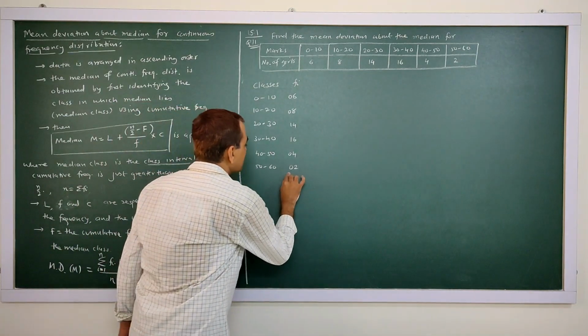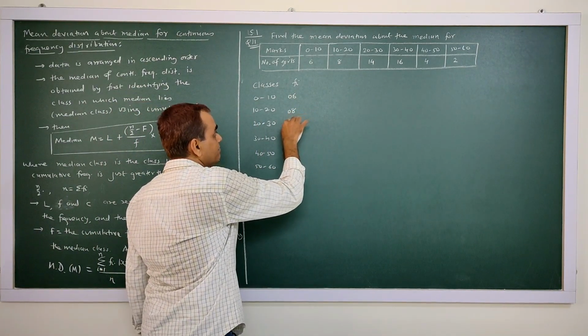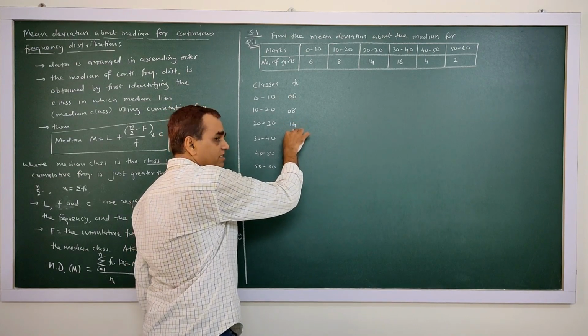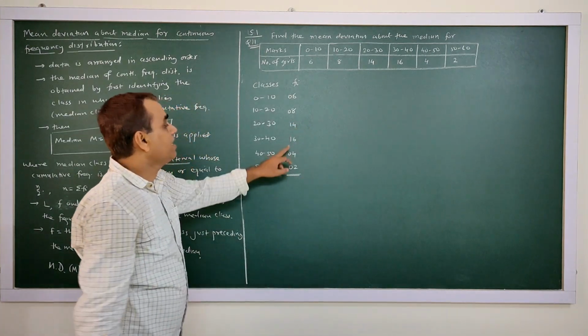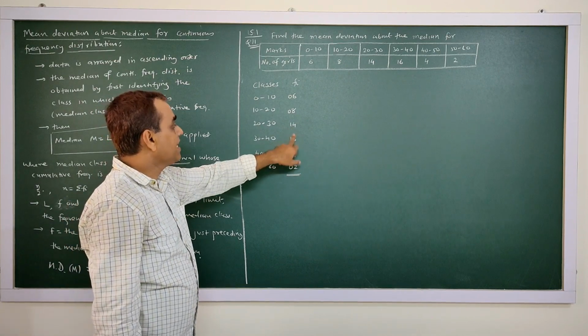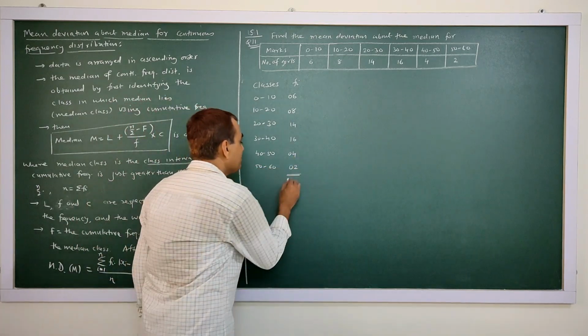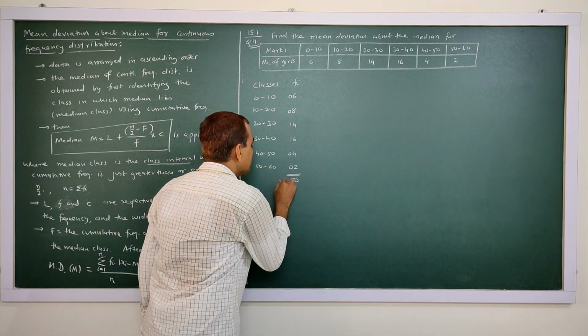Sum of frequencies: 6 plus 8, 14. 14 plus 14, 28. 28 plus 16, 44. 44 plus 4, 48. 48 plus 2, 50. So n is 50.